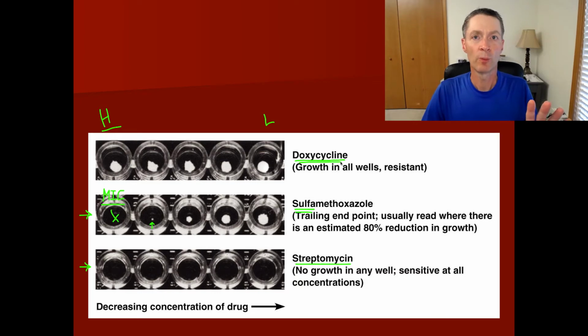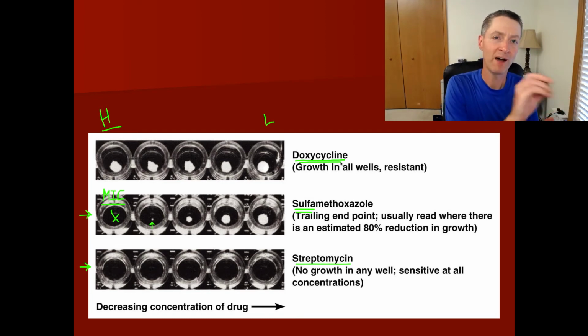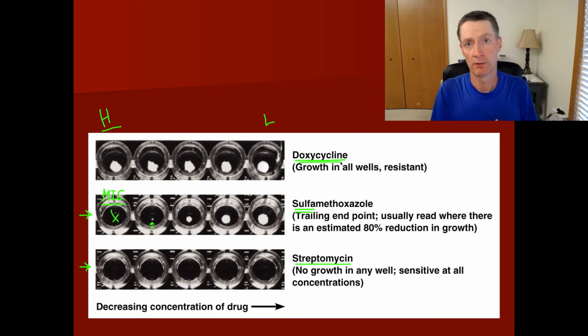We need to do some more experiments, adding more doxycycline, higher concentrations, to find this MIC, right? We'd have to go off the screen to the left to find that. Do a few more tests. Now, with streptomycin, well, it's so effective that it killed, I can see pretty much nothing here, right?